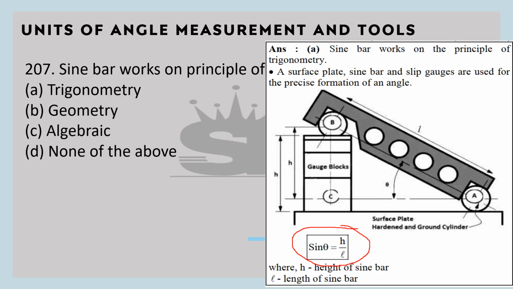This is the height from the reference line to the case end. So this is the angle theta, and here it is the L. So by using the sin theta equals h by L formula, we are getting theta.